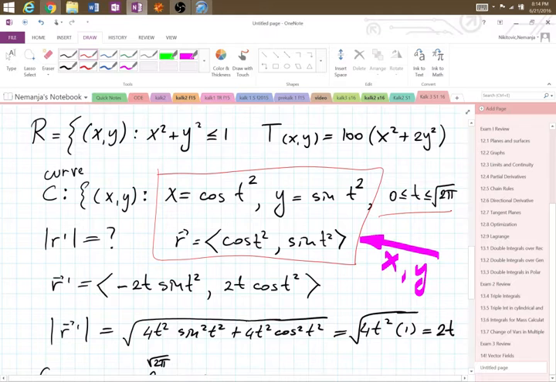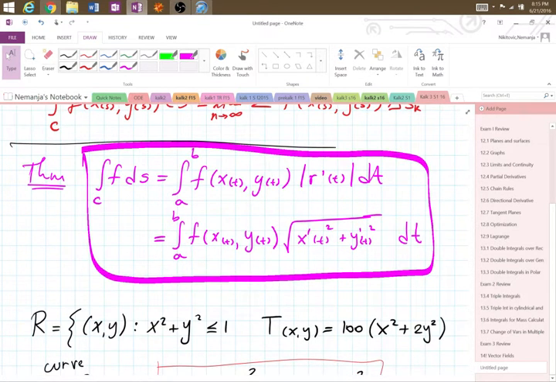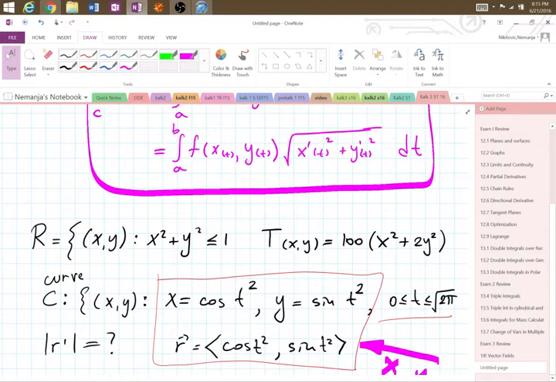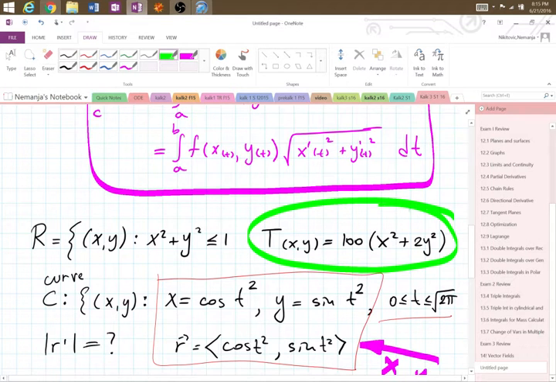So we have r, which is given inside C. You compute r, and then you take its derivative, and then you find the magnitude of the vector, and that's where you got 2t. What is 2t? That's this portion here of the integral that you're computing. That's 2t. The function that goes into the integral needs to be parametrized in terms of t. As you can see, the function that goes inside the integral is currently not.